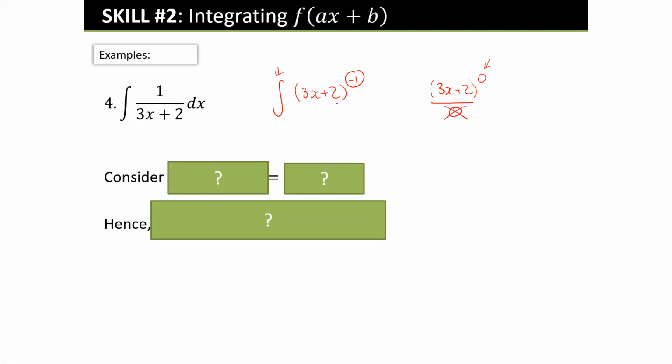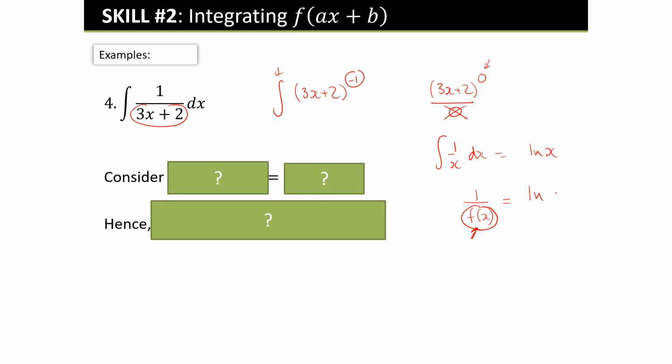So instead of doing that, we have to think of the fact that we've got a version of 1 over x, which does integrate to the ln of x, but we have 1 over a function of x. So we're going to be using the reverse chain rule. Leaving the 3x plus 2 alone in the denominator, that is the ln.